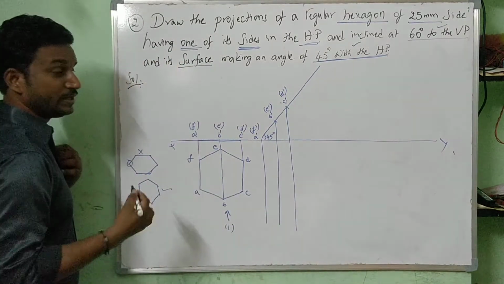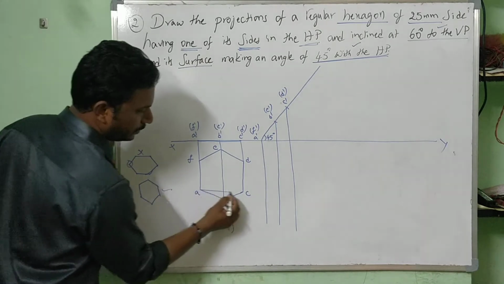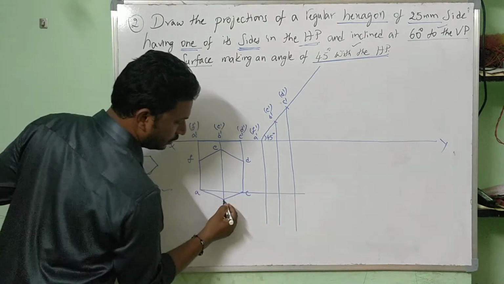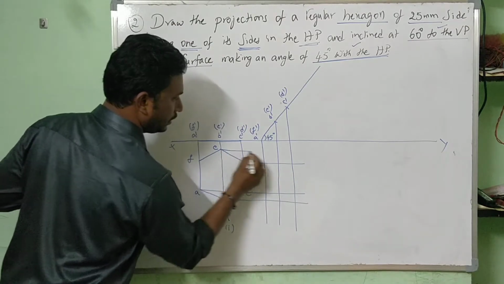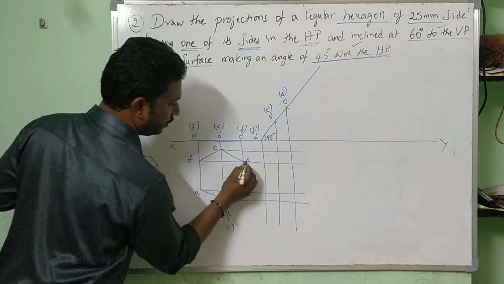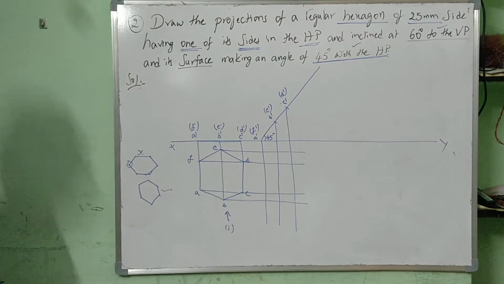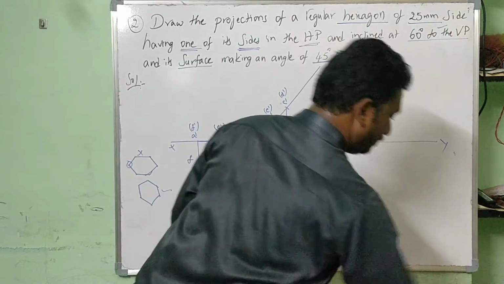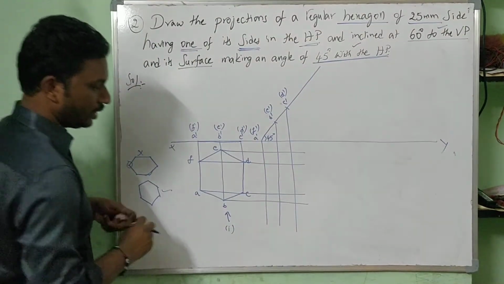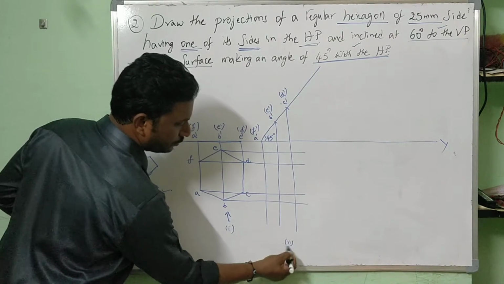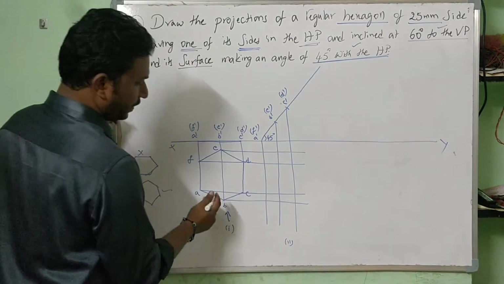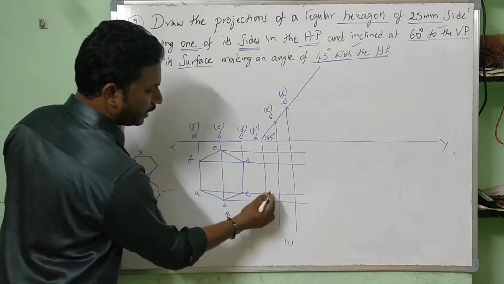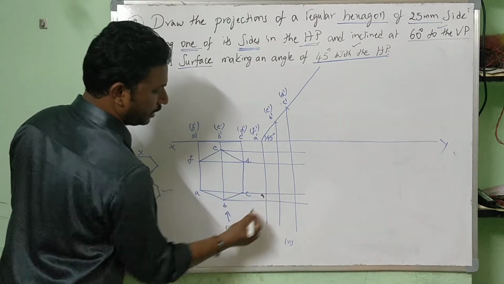we will get the diminished shape of the hexagon from A through C, B, D, E, F. If you draw, it connects. Simple, step by step. So now we are coming to step 2. Pick the intersection points. A horizontal, A dash vertical will become A1.